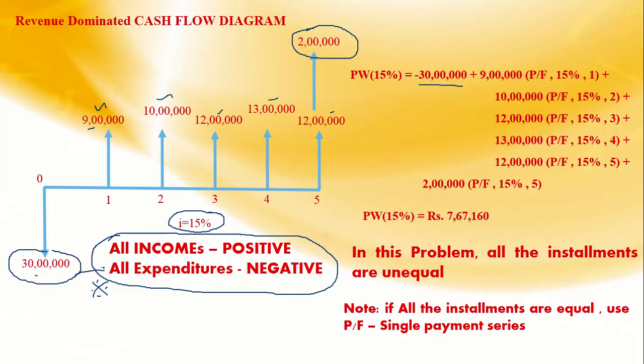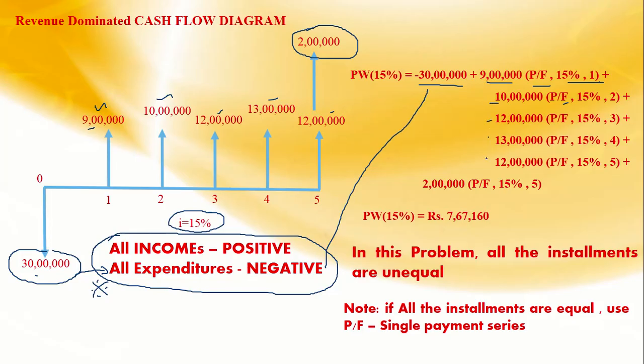So minus 30 lakh plus 9 lakh into P bar F, 15%, 1. I gave the positive symbol because this 9 lakh is income to that company. So all incomes are positive. So plus 9 lakh P bar F, 15%, 1, plus similarly for 5 years.